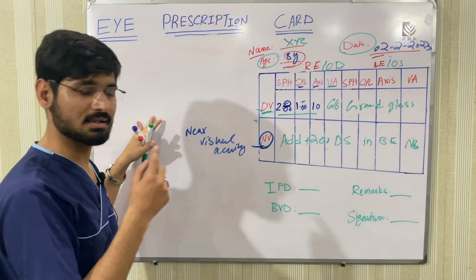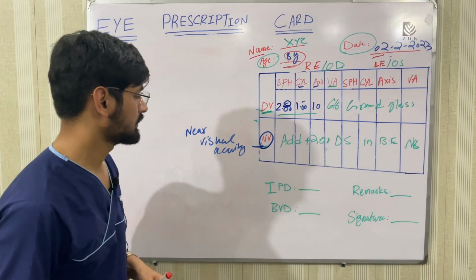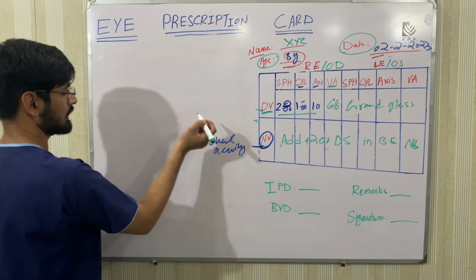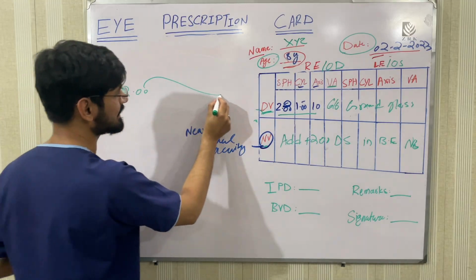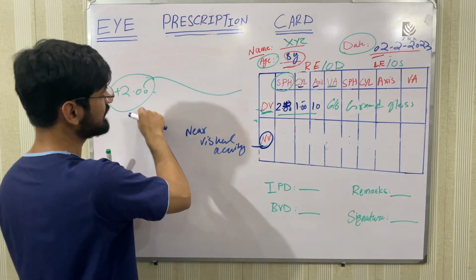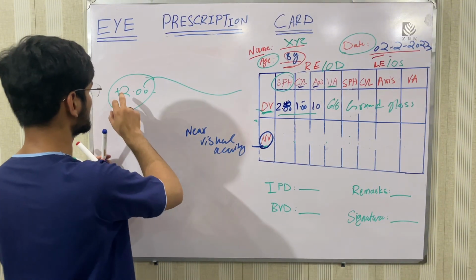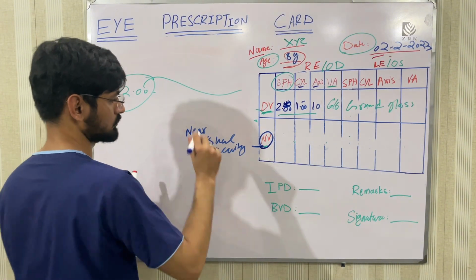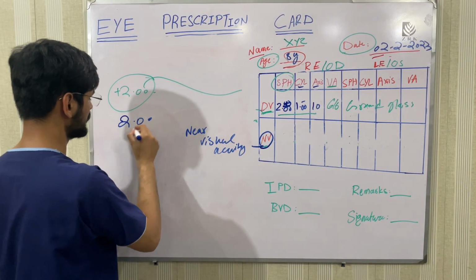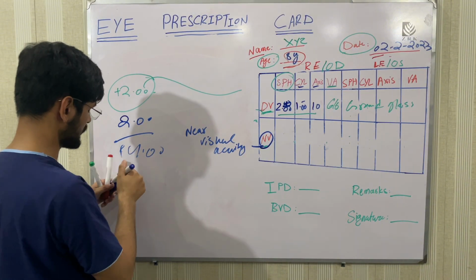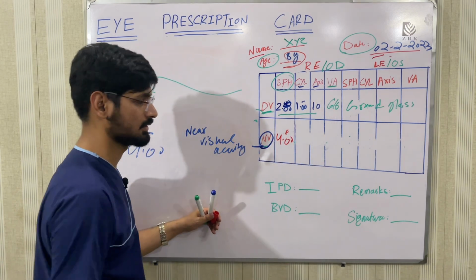The second method is also simple. If you don't want to write like this, you can also give the add differently. For example, I am giving my patient add +2. Simply add this sphere to the distance sphere. My distance sphere was +2 and this add is +2. +2 and +2 is +4, so simply write +4 here.